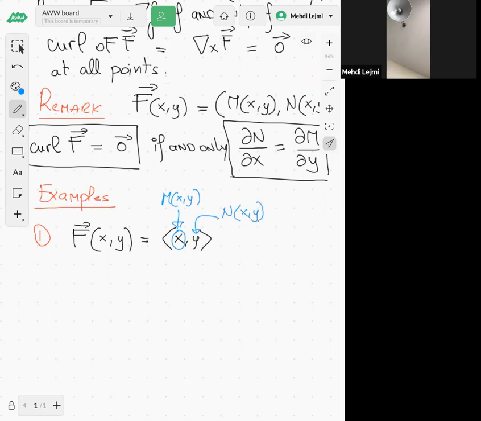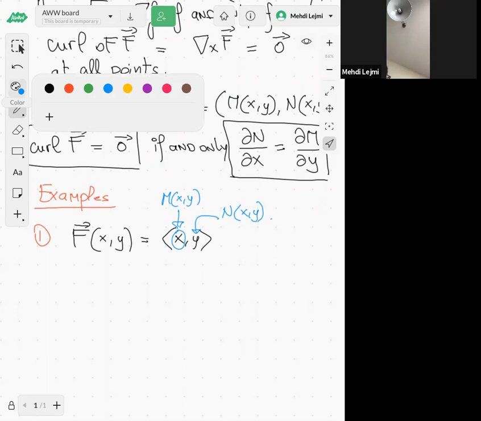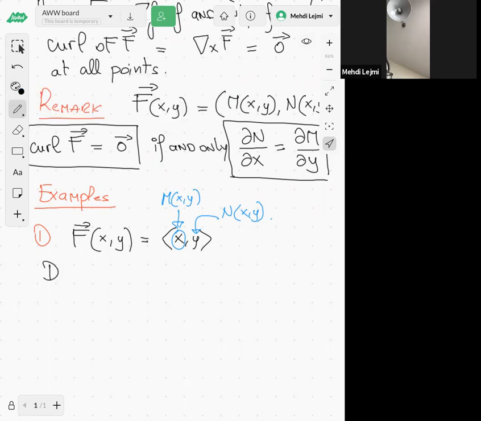So this is my two-dimensional vector field. And the question, of course, is to determine whether F is conservative.